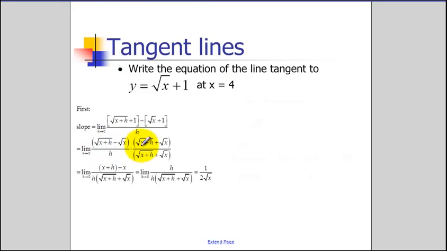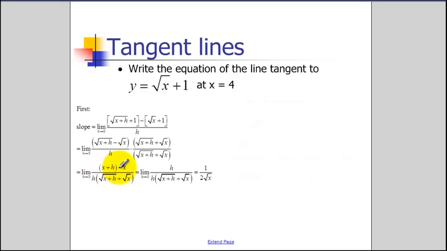So if you remember on our indeterminate limits, when we had radicals, one of our skills for trying to resolve that was to multiply by the conjugate. So in this case, I'm multiplying the top and the bottom by this same expression with a plus here. Now we have a difference of 2 squares on the top, so when we multiply those together, we get the first term squared. If you square radical x plus h, it undoes the radical, and here we have radical x times radical x, which would be x.